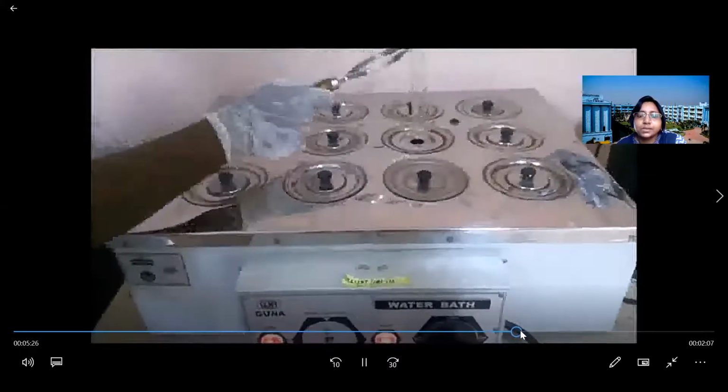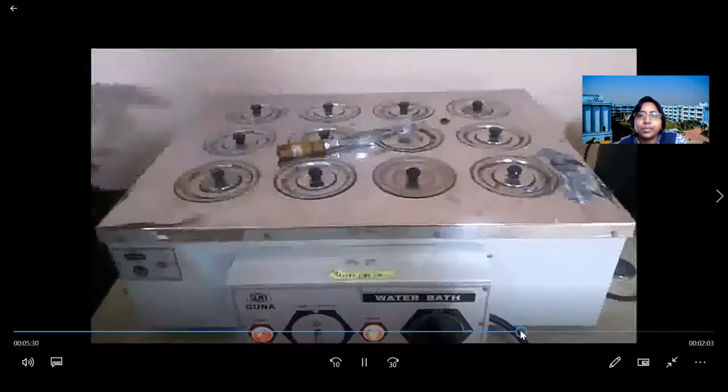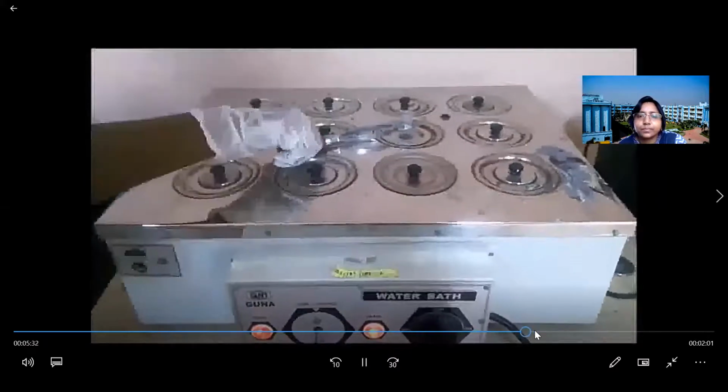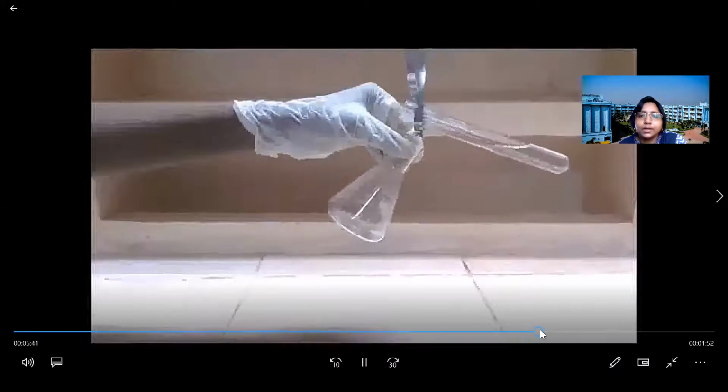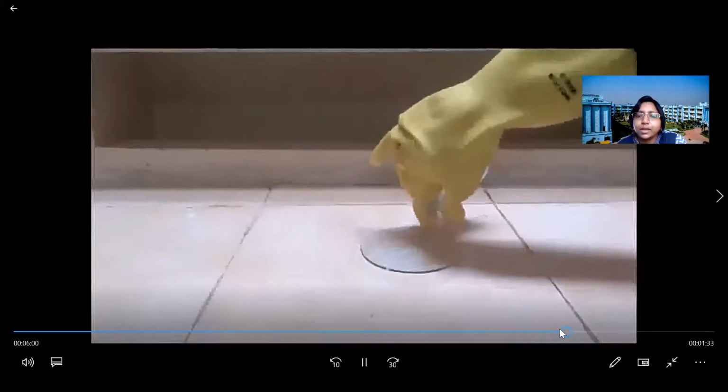Then shake it vigorously. After this, it is transferred to a test tube and heated. Then the solution is again transferred into a clean conical flask. Then shake it well.